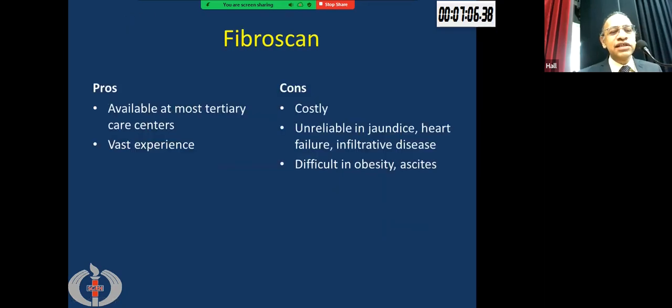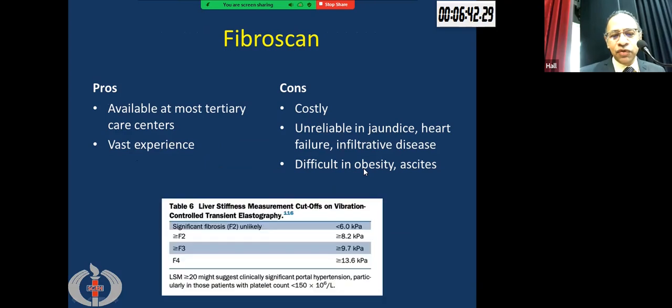FibroScan is now available at most tertiary care centers, and we have vast experience using it, but obviously it is costly and unreliable if the patient already has jaundice, some amount of infiltrative liver disease, or liver failure. It is difficult to perform in obesity, although there's an XL probe for them. But if obesity and ascites are both there, it may be difficult to perform.